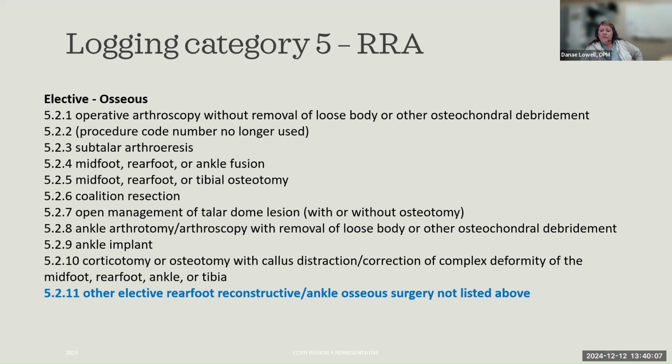However, 525 can be claimed in conjunction with 524, 526, 527, and 529 when an osteotomy was done to correct RRA deformity. An example is if separate osteotomies are performed to correct a deformity, such as an Evans and Cotton or Evans and medial sliding calcaneal osteotomy.